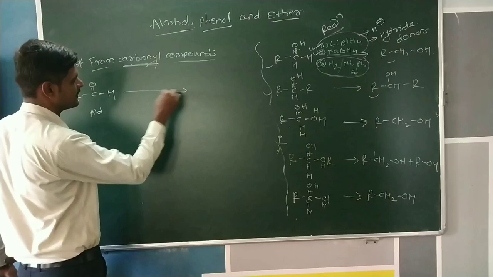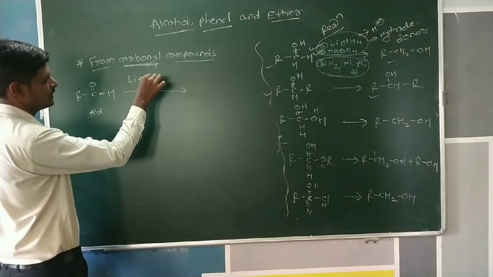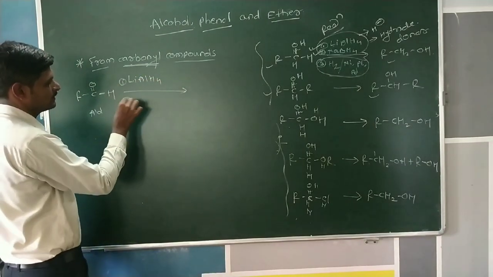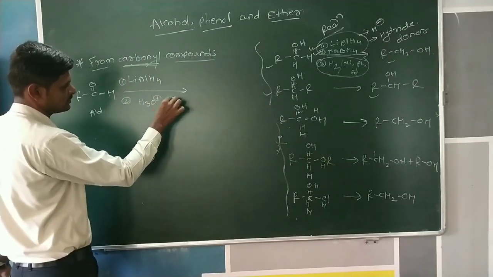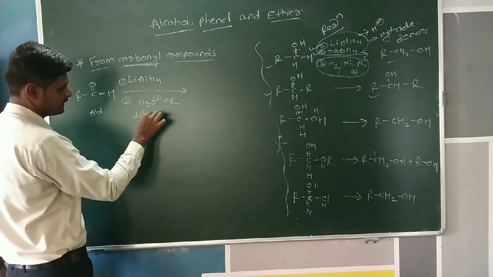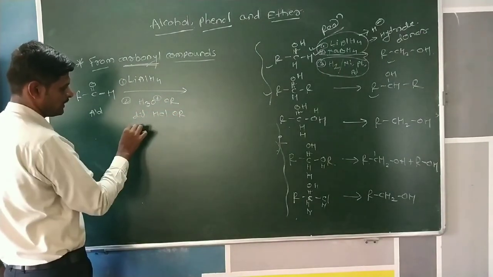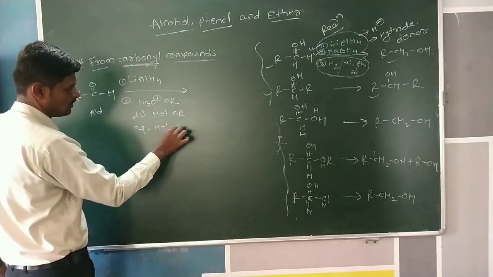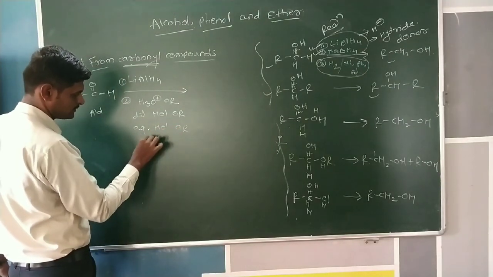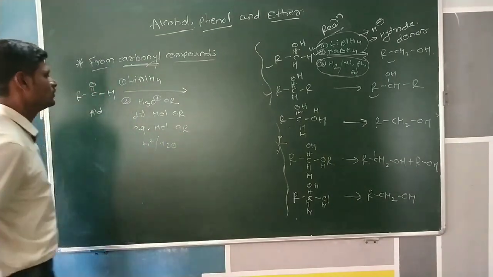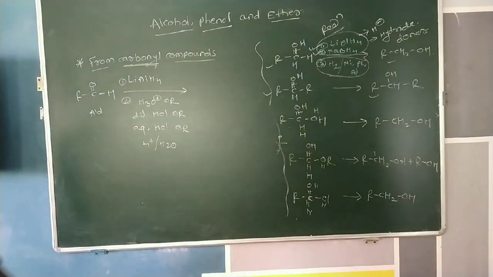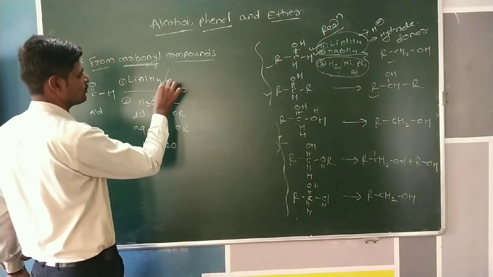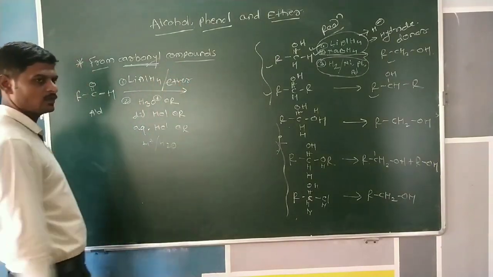This aldehyde is reacted with lithium aluminum hydride firstly. After that, it undergoes acid hydrolysis. We can also write instead of HCl, dilute HCl or aqueous HCl or H plus or H2O. Okay, it is an acid in water, and this is lithium aluminum hydride, and the solvent is ether.